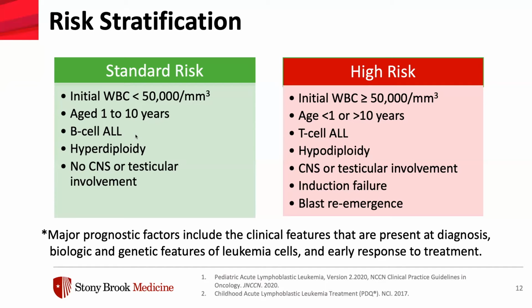Hyperdiploidy, which is having more than 50 chromosomes, also puts someone at standard risk because it's been associated with a better prognosis. And then having no CNS or testicular involvement also puts someone at standard risk, showing that the cancer didn't really spread there. And it's also harder for the chemotherapies to access those areas and penetrate them to kill the cancer in those areas.